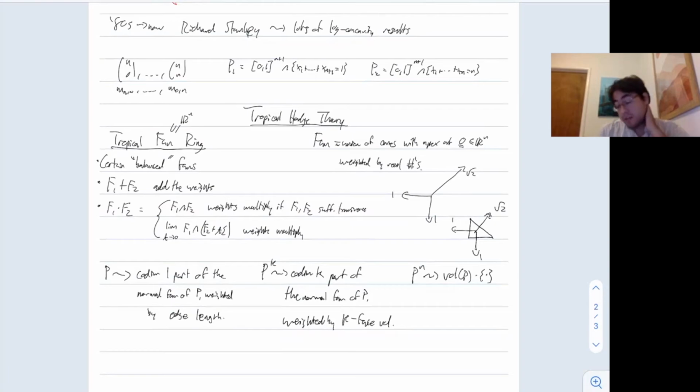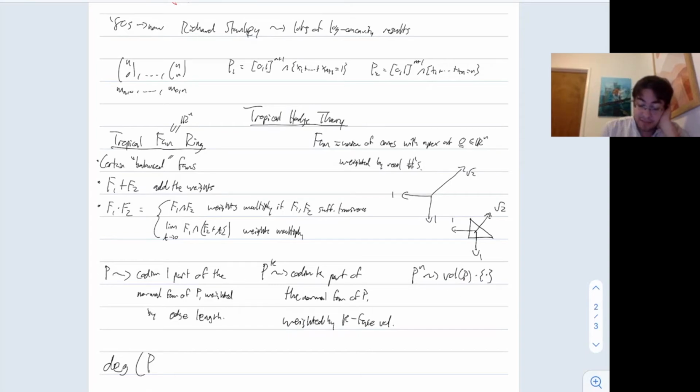Okay, so this ring comes equipped with one more thing, which is the degree map. The degree map is just going to forget this part of the product, and it's going to spit out this number.